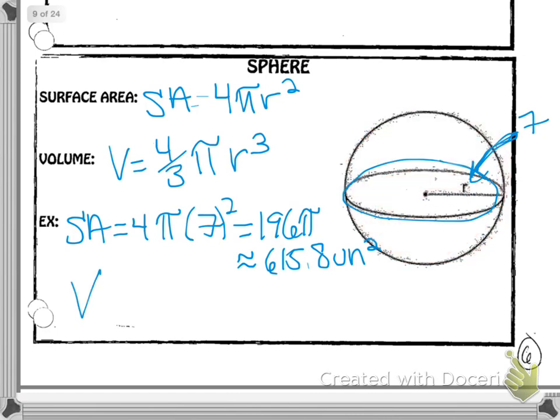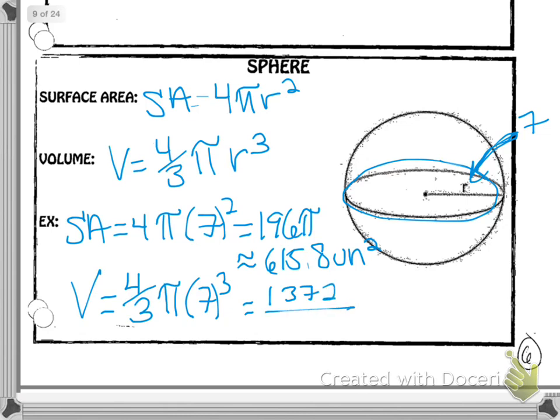Volume is the amount of room inside the sphere, so maybe the amount of space inside a basketball or something. So it's 4/3, and again, sort of combining surface area and cylinder formulas, working with those together. Pi times the radius cubed, and the radius is 7. Here I would suggest doing 7 cubed times 4, and that gives me 1,372.